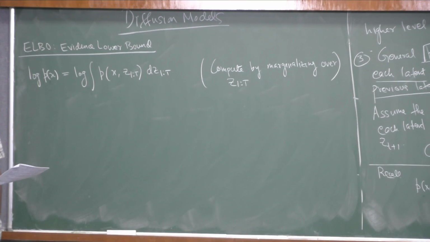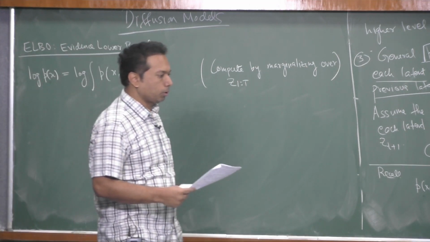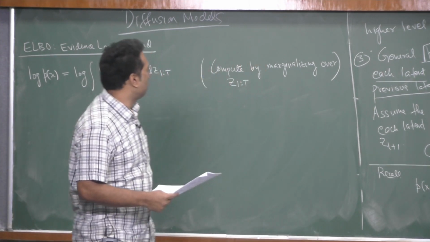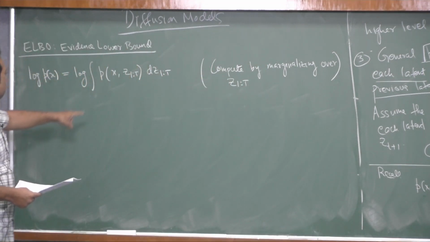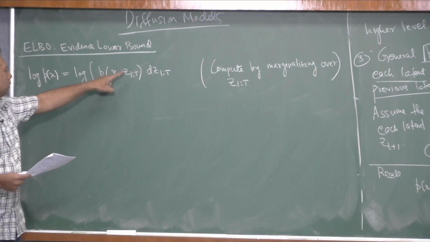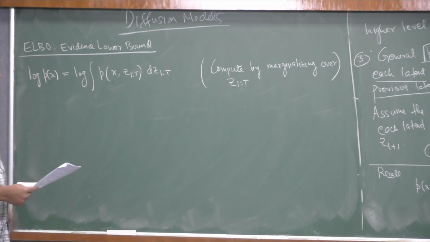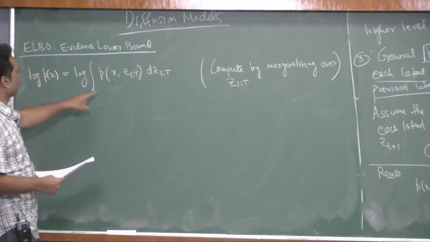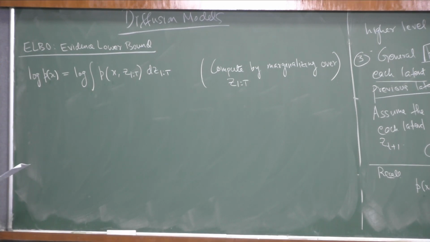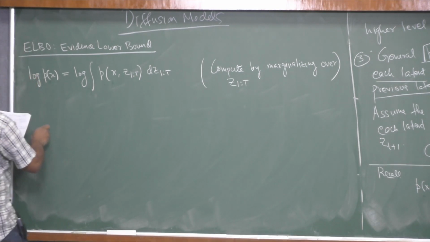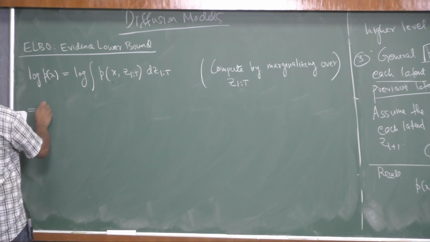And if you can recall the VAE, the next step in VAE was something called importance sampling, because as in the VAE case, integrating this is not tractable because it's integration over the latents. So hence we have to do some form of importance sampling that we did in VAE and create some lower bound of this, which we can compute. So the next step is importance sampling.